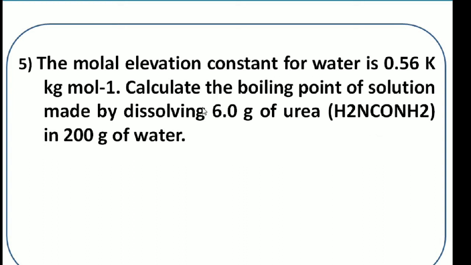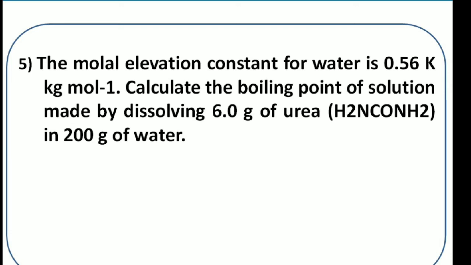Water is the solvent whose molar elevation constant Kb is 0.56, the mass of the solute urea is 6 grams, and the solvent water mass is 200 grams. Now we should calculate the boiling point of the solution.